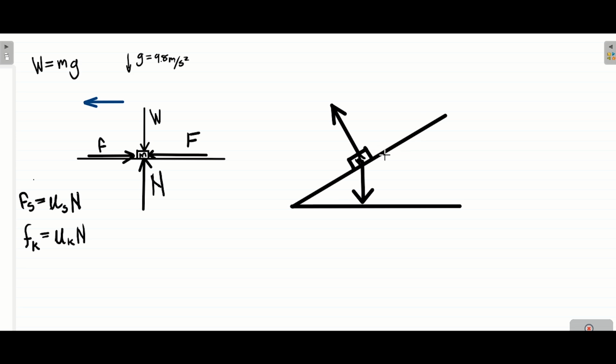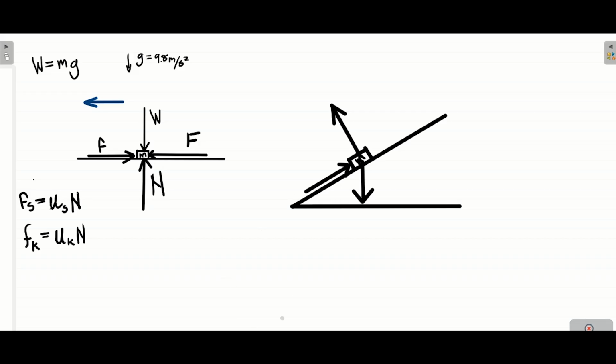Remember, it's always perpendicular to the surface. And logically, we know that this box, if it's on an incline like this, should be slipping down the incline. So there's a frictional force pushing it upwards.